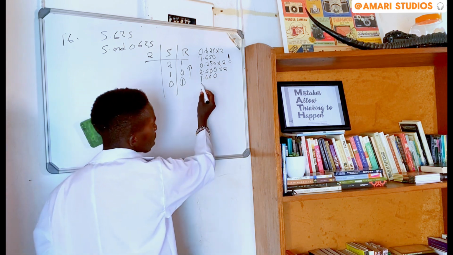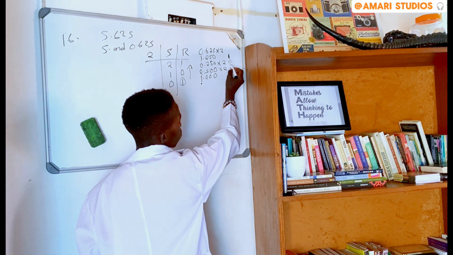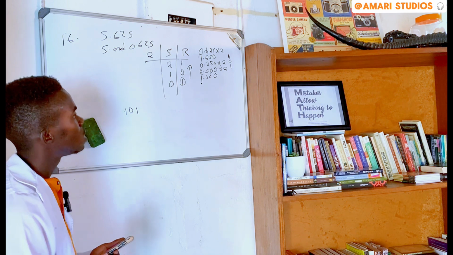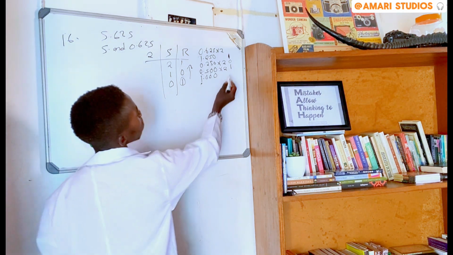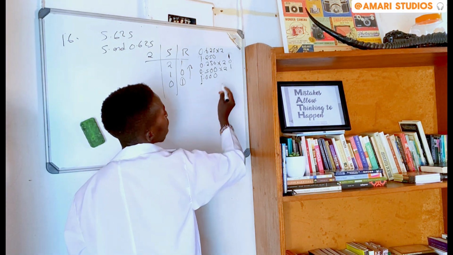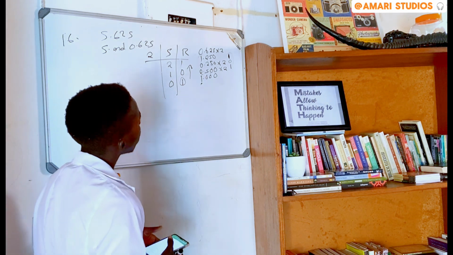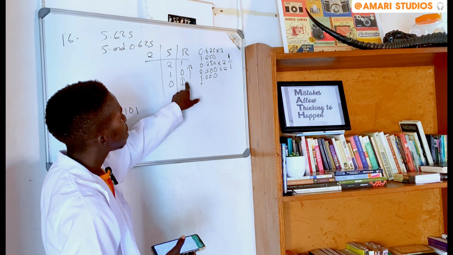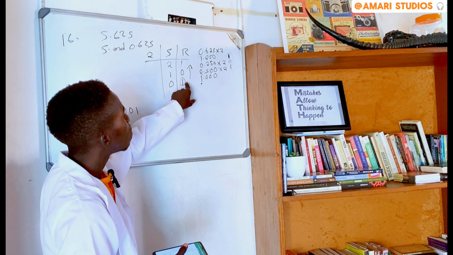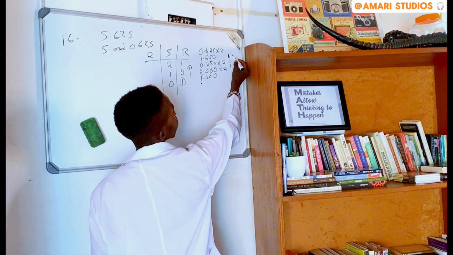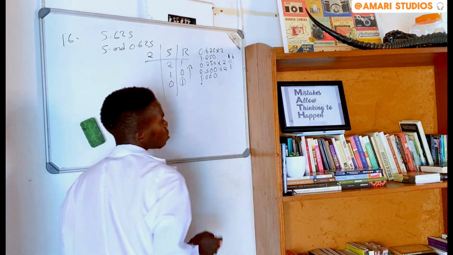You're going to take this 1 again, because that is your final answer, and put it with the other numbers that you have been collecting. Now these numbers that we have been collecting will be the numbers that we have been looking for. Remember, at this stage we were getting the numbers counting from bottom to top, but in this case we're going to start from top to the bottom.